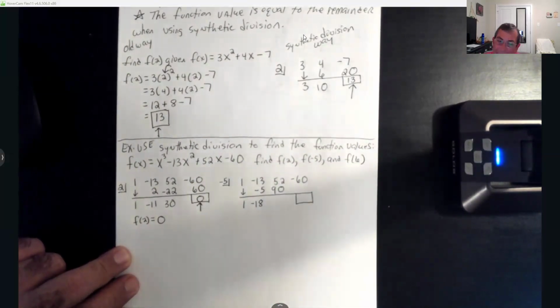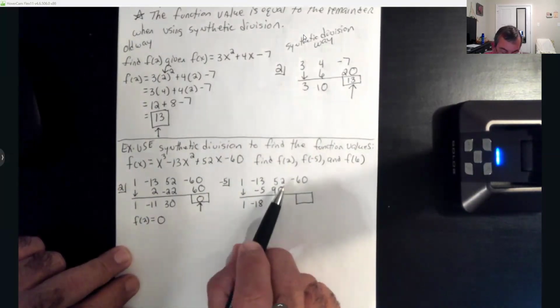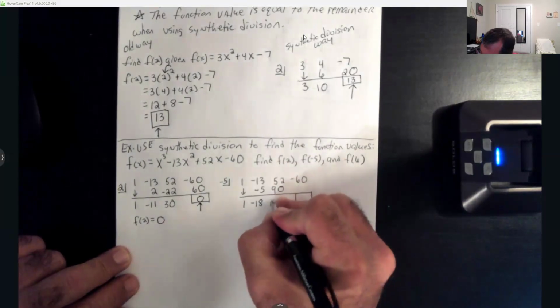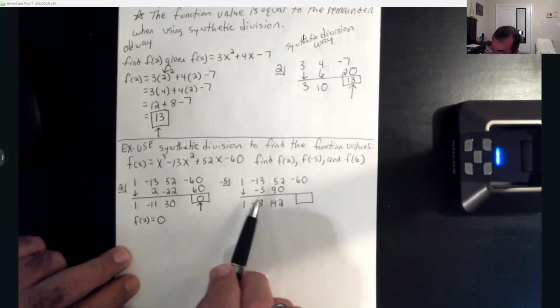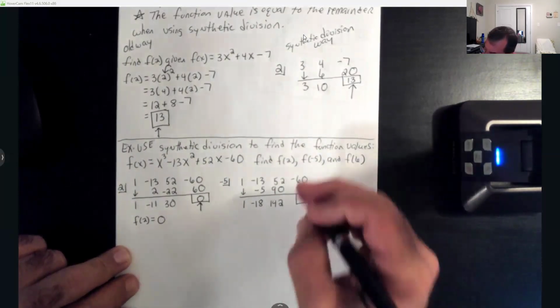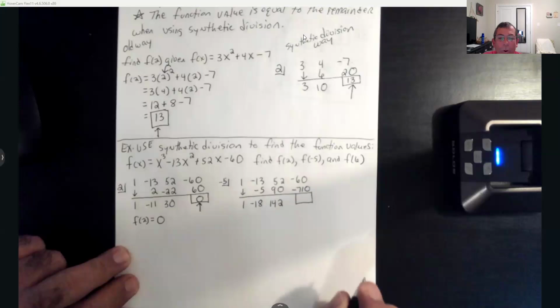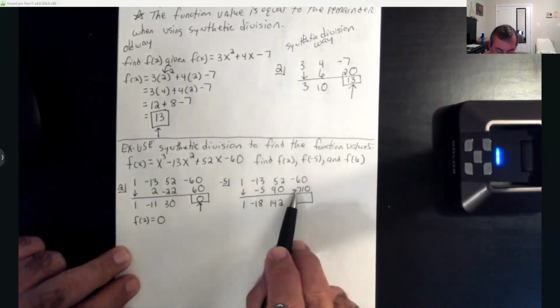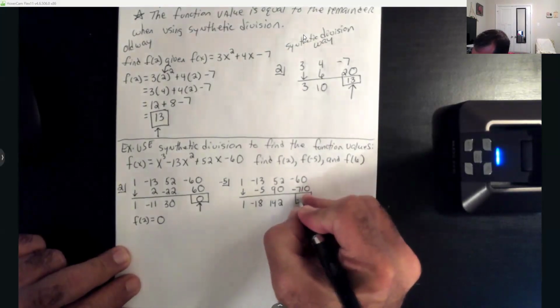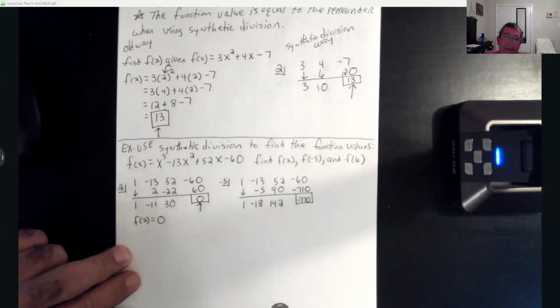You got to watch these signs on these things is the big thing. All right, y'all, let's see. 52 and 90 give me 142. 142 times a negative 5 gives me a negative 710. Whew, I'm getting a big number on this one, but if I add negative 60 and a negative 710, I get a negative 770.